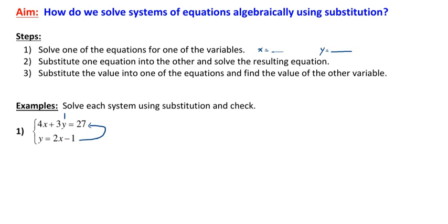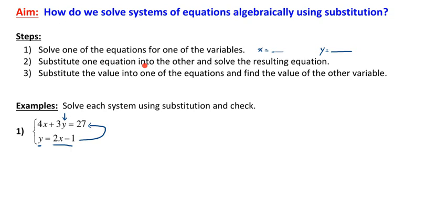We're going to substitute the y value in this case because we know what the y value is equal to. The y value is 2x minus 1. So where we see the y, we're going to put this that is equivalent to y. So that's going to go here. That's the second step.